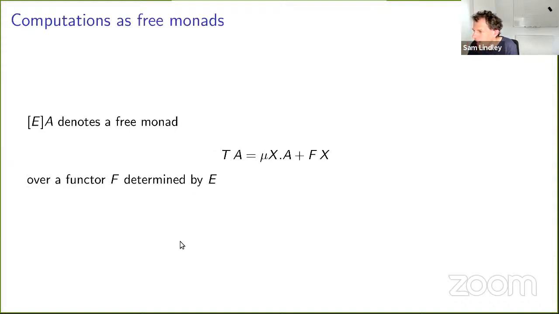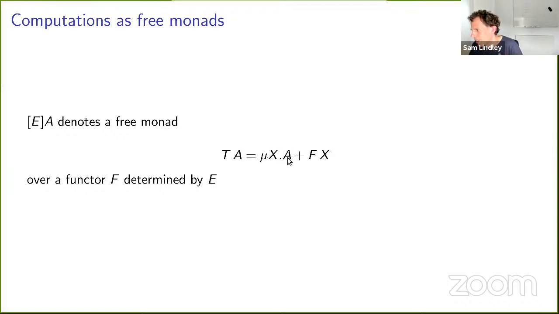Okay, and it's maybe not very surprising that you can encode all these things if you know that computations in this setting denote free monads. And what are free monads? They're given by this fixed point over a functor here, and you can view this as defining a kind of tree structure.